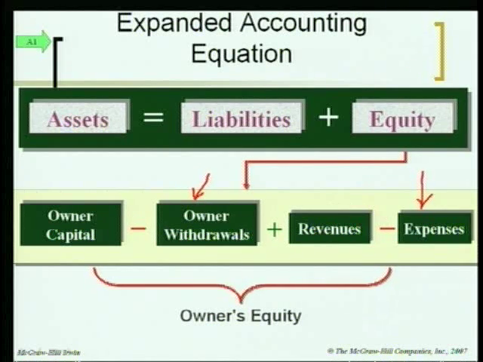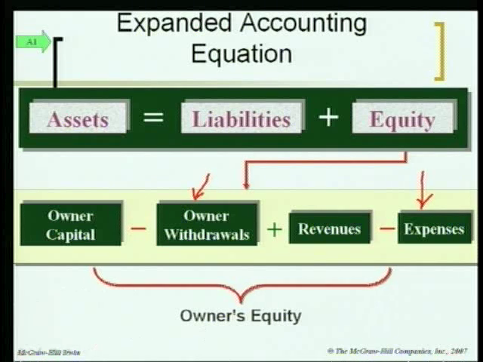Revenues and owner capital, this is what is affected when you make your investments of assets into the business. These have a positive relationship with equity. So as owner's capital and revenue increase, equity increases. But do you understand how this is your expanded accounting equation?